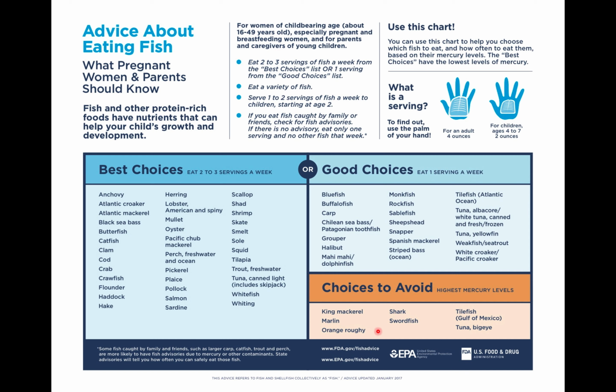Foods to avoid, things like shark, swordfish, marlin are all considered to have high mercury levels. One thing that you'll notice is that these fish, sharks, swordfish, marlin, they're all very big fish, and so they probably get high mercury levels from eating smaller fish.